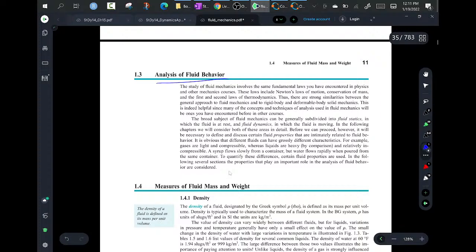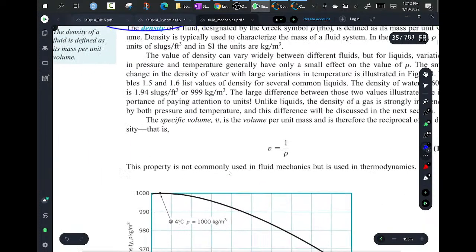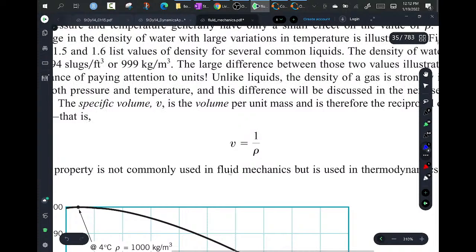Fluid behavior. Okay, that's great. Measures of fluids and weights. Density, big deal. Back in thermo, you had specific volume, which was the volume per unit mass.